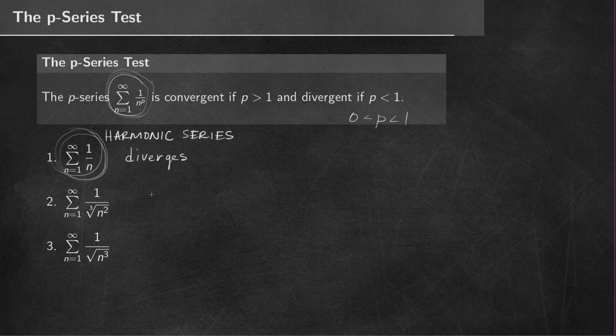Number 2, we can rewrite this. Instead of 1 over the cube root of n squared, we can write it as 1 over n to the power 2/3. This is a p-series, as the power of n is greater than 0, but it's less than 1. So this p-series diverges. This diverges by the p-series test.